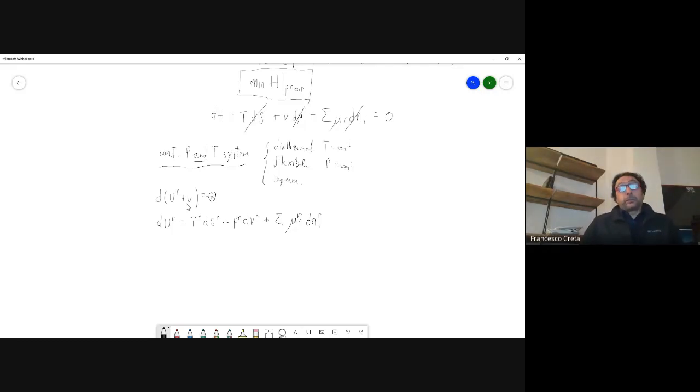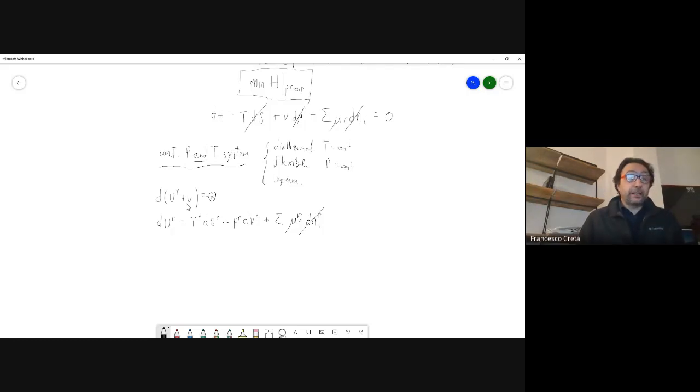This is the general expression. All we can say is that dN is 0 because it's an impermeable system. There is no communication between the reservoir and the inner system, so the walls are impermeable, and there is no change in composition.